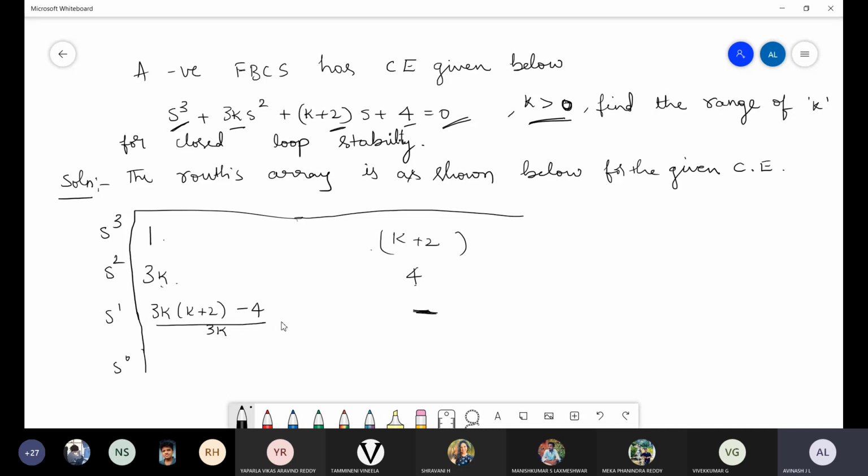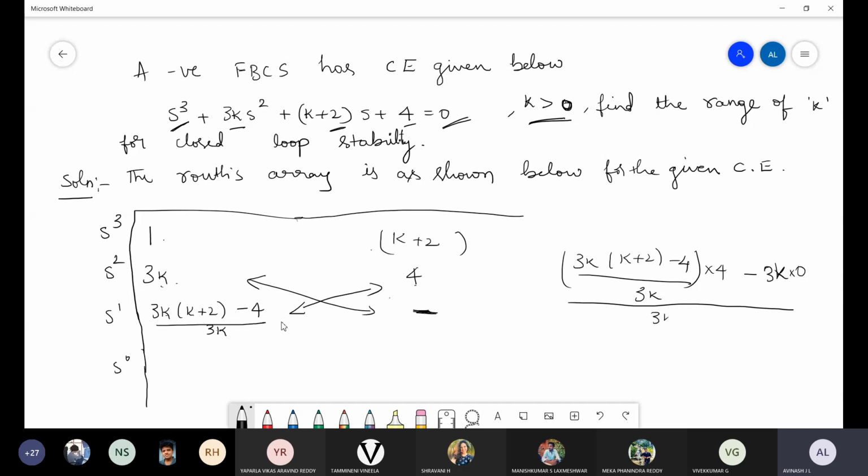Fine. Now the next step: do the cross multiplication between these two. That is 3k into k plus 2 minus 4 divided by 3k, into 4, minus 0, because 3k into 0 is 0, divided by the same factor, 3k into k plus 2 minus 4 divided by 3k.